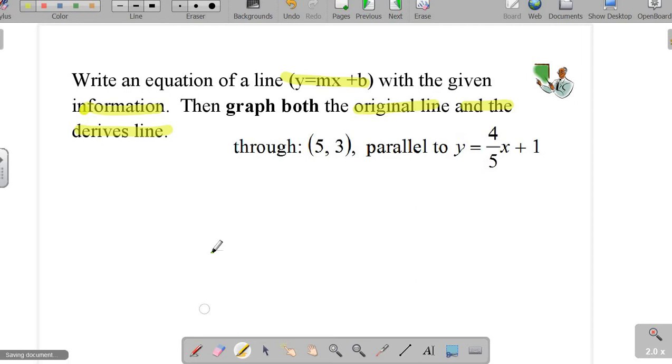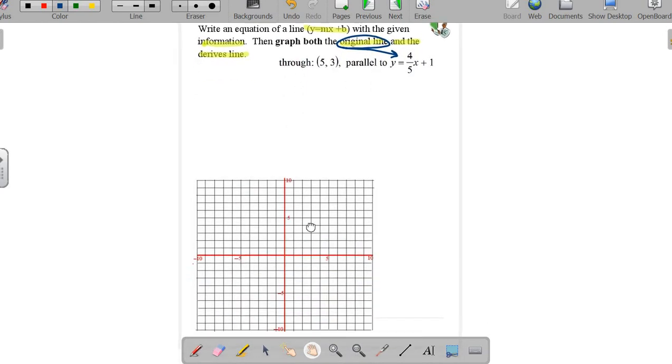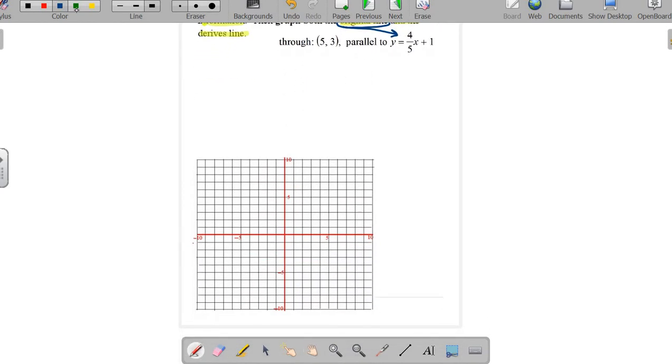So we have here, we want a line that goes through 5, 3, but parallel to y equals 4/5 x plus 1. So our original line is this. Let's go ahead and graph that. We have here y equals mx plus b. Our b is +1.